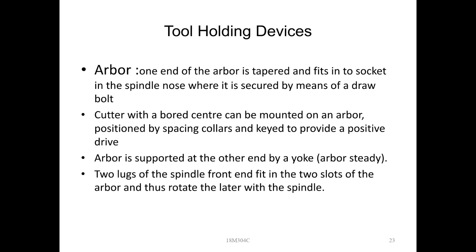So one side of the arbor is fixed, and the other side is supported by the yoke. The two lugs of the spindle front end fit in the two slots of the arbor, and thus it rotates along with the spindle.